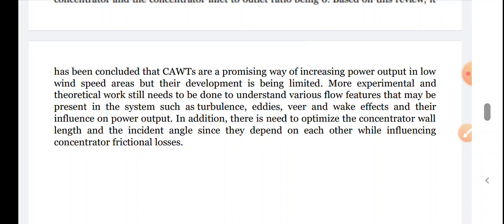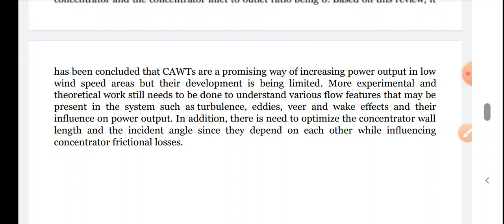Suppose it is moving in the north direction at one time, then at another time it will be northwest, and like that. And what are eddies in the wind which affect the power output?